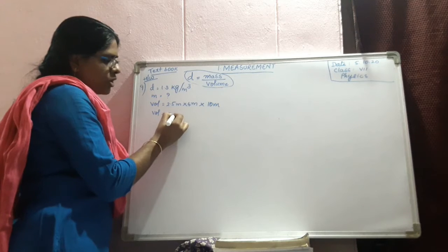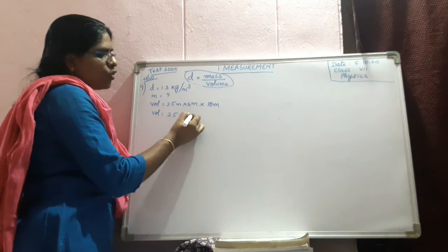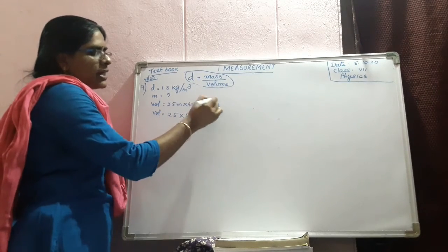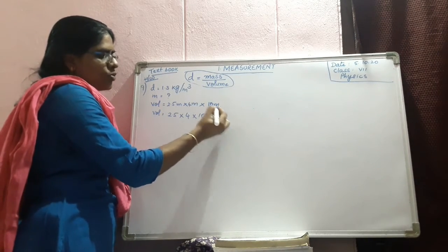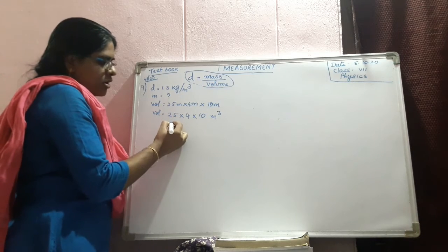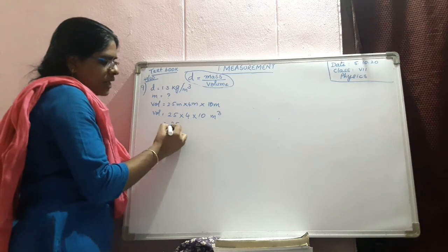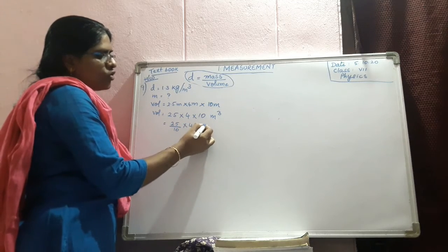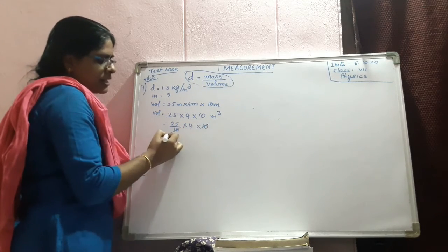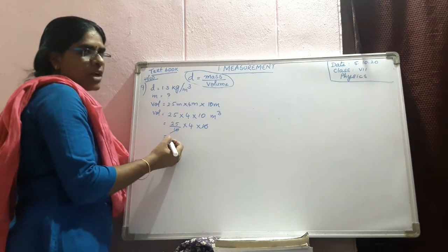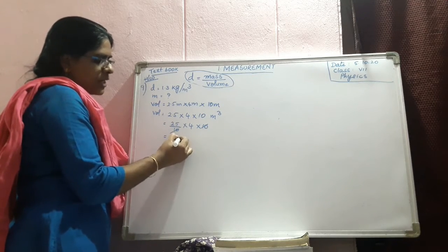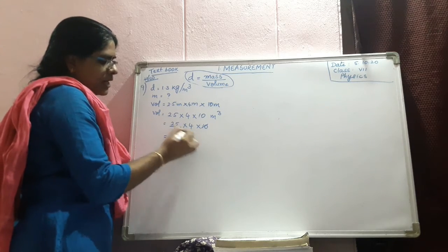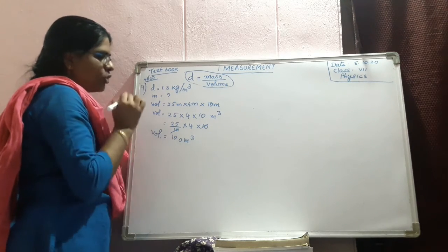That is 2.5 into 4 into 10, meter into meter into meter, meter cube. Now 2.5 I am writing as 25 by 10 into 4 into 10. 10 cancels. 25 into half of 4, 5 fours are 20, 8 plus 2 is 10. 100 meter cube is the volume.